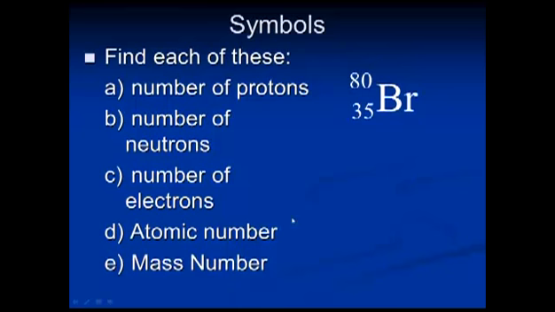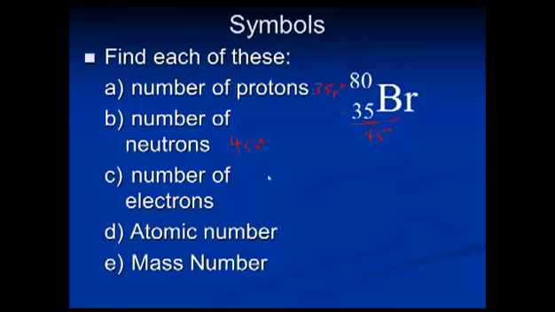Okay, so for my number of protons for A, this is 35 protons. I get this from the atomic number right there. For my number of neutrons, what I need to do is subtract these two numbers. I subtract those two numbers and I get 45, and that's my number of neutrons.